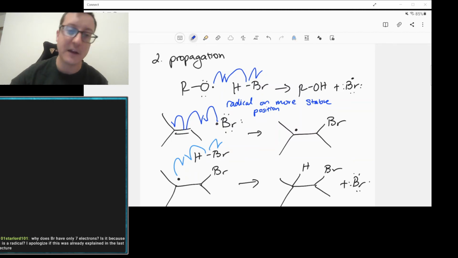That bromine radical now finds another alkene and adds to that double bond, producing a radical, which then grabs a proton, producing another bromine radical, and so forth, until we start some termination steps happening. So again, propagation is where we're making our product of interest. Termination typically is side products.